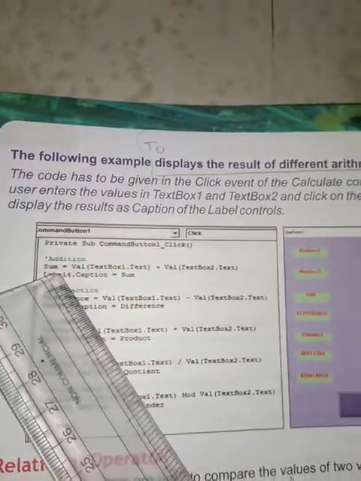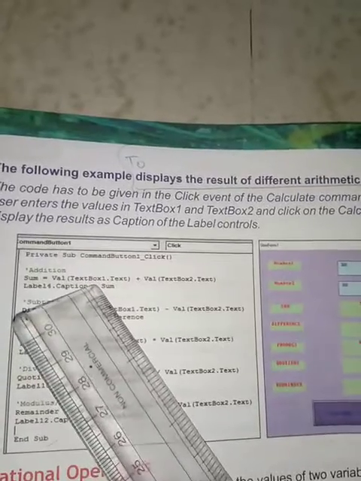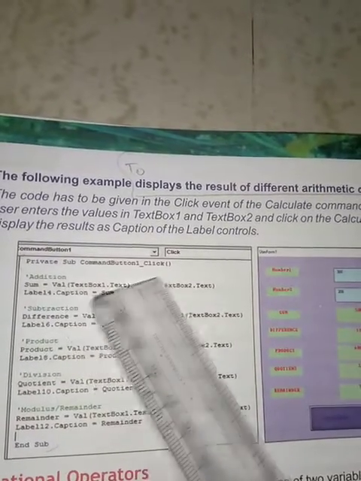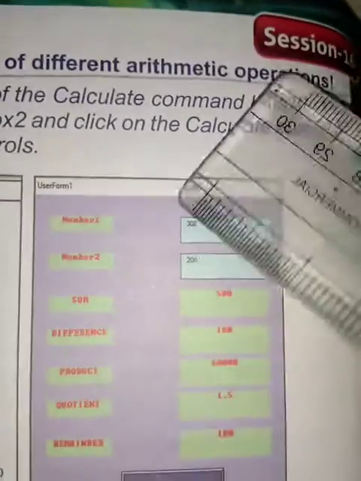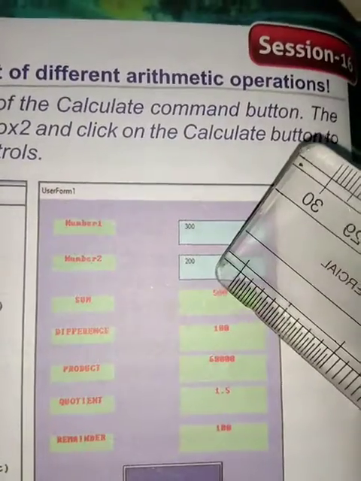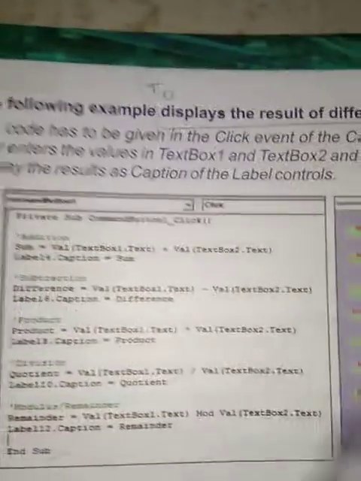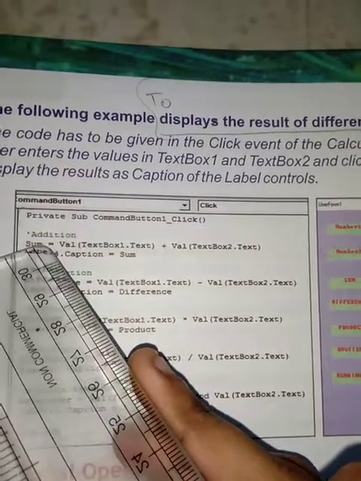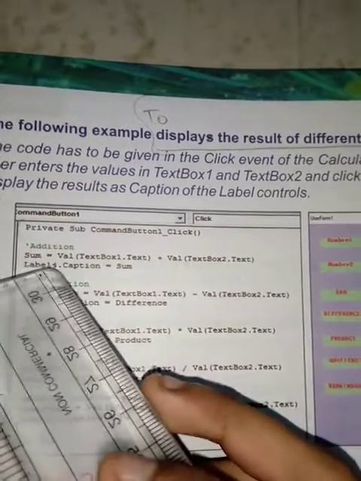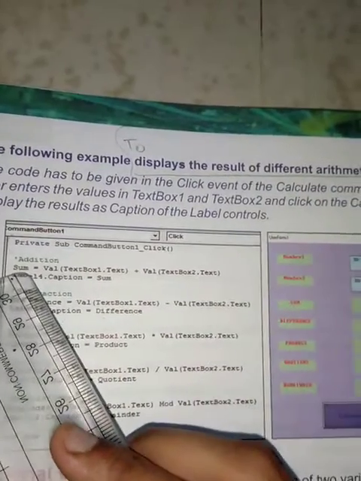Addition: sum equals value of text box 1 dot text plus value of text box 2 dot text. So these two are your text box 1 and text box 2. Here for addition, they have given the command button as sum.